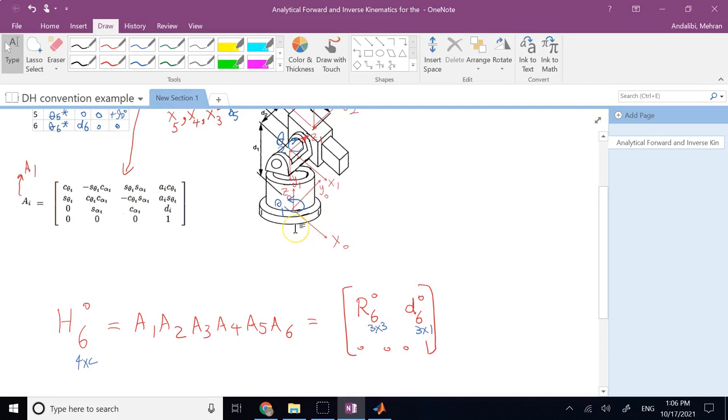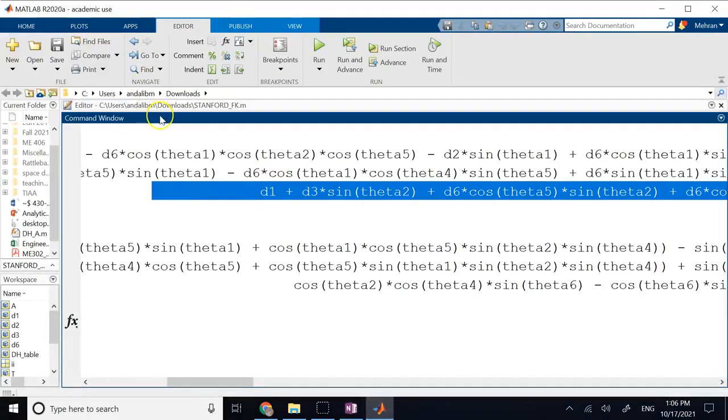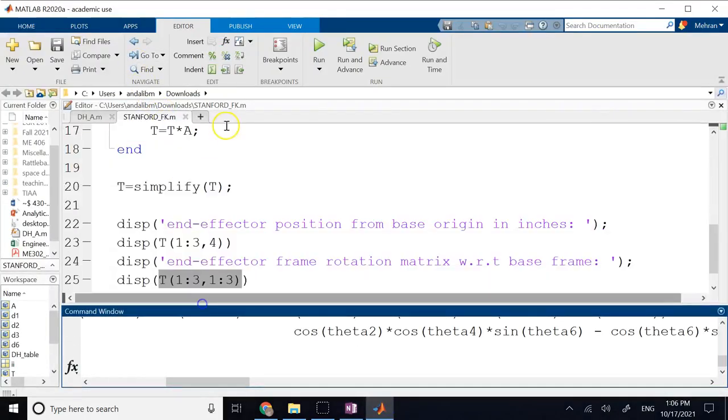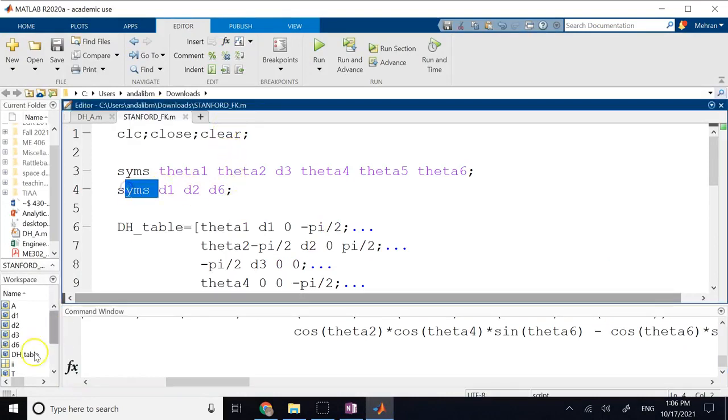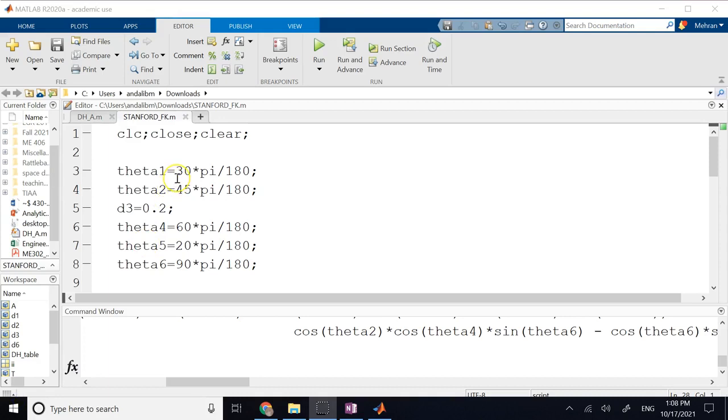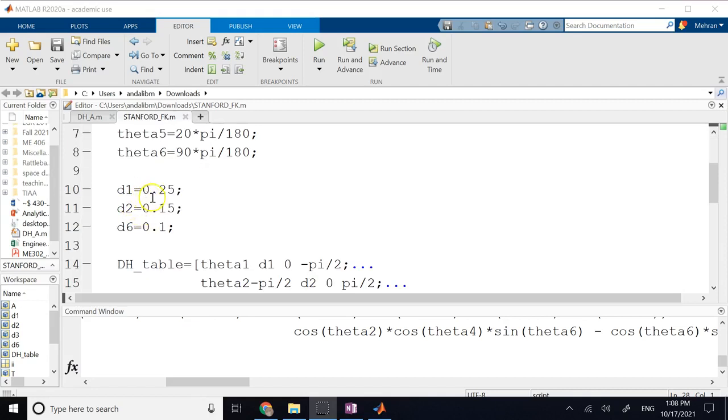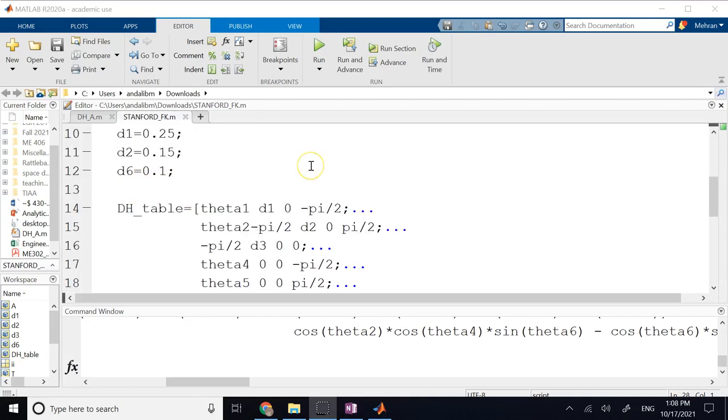Now here, to give you a numerical sense of it, we can just go ahead and plug in some numbers instead of symbolics, right? So here I used 30 degrees, 45 degrees, 60, 20, and 90 degrees for theta 1, 2, 4, 5, 6, and 20 centimeters for the prismatic variable, and then I chose 25, 15, and 10 centimeters for D1, D2, and D6.